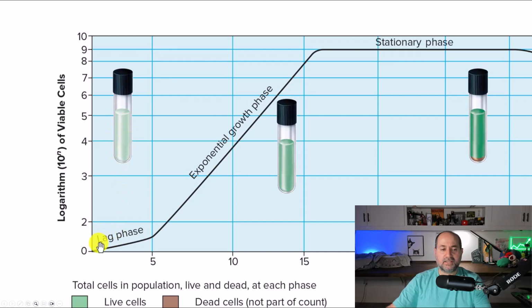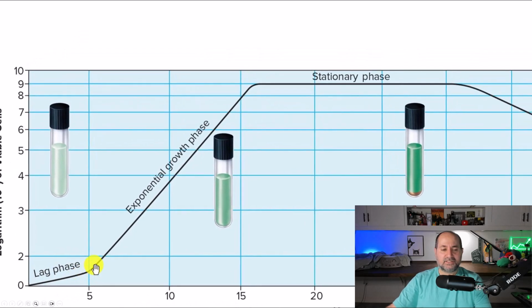So you should say during the lag phase of batch growth or growth curve, very little bacterial division is going on. Then the bacteria enter the exponential growth phase or the logarithmic growth phase, where they are truly growing logarithmically. Remember, 2 becomes 4, becomes 8, becomes 16, becomes 32, and so on and so forth.